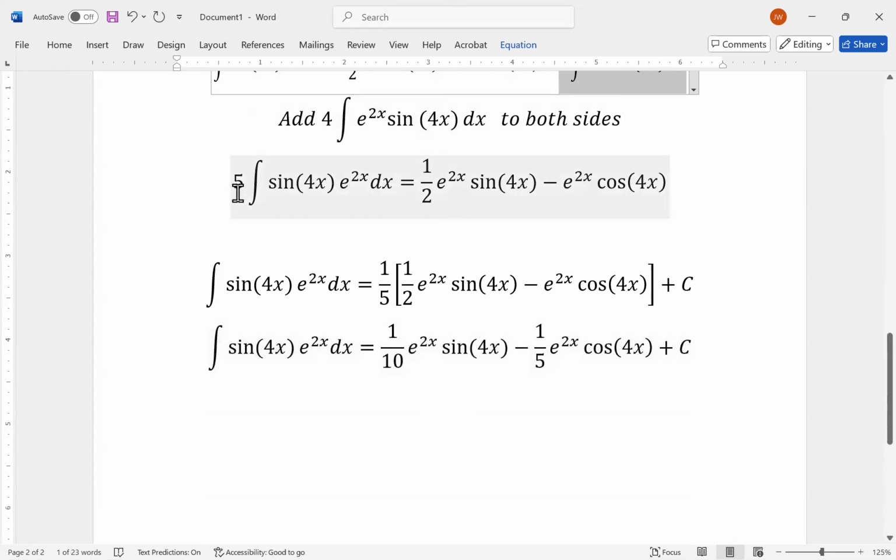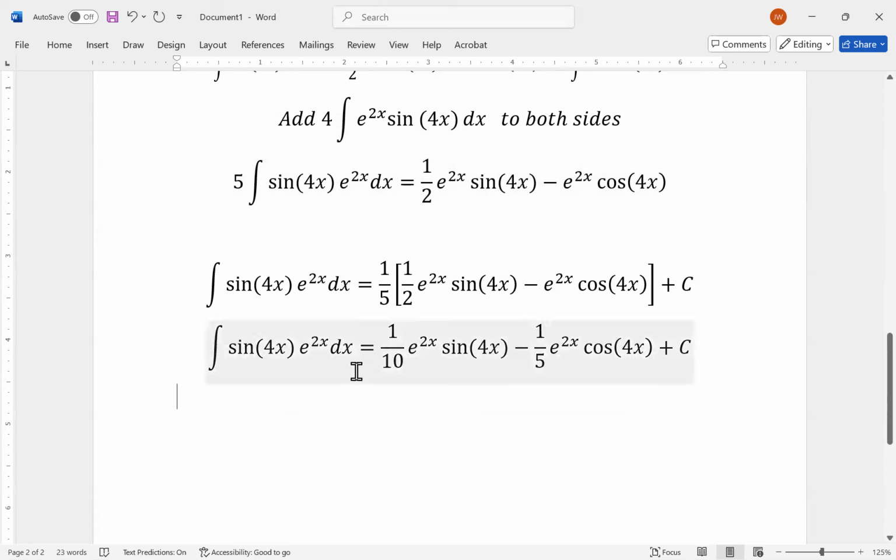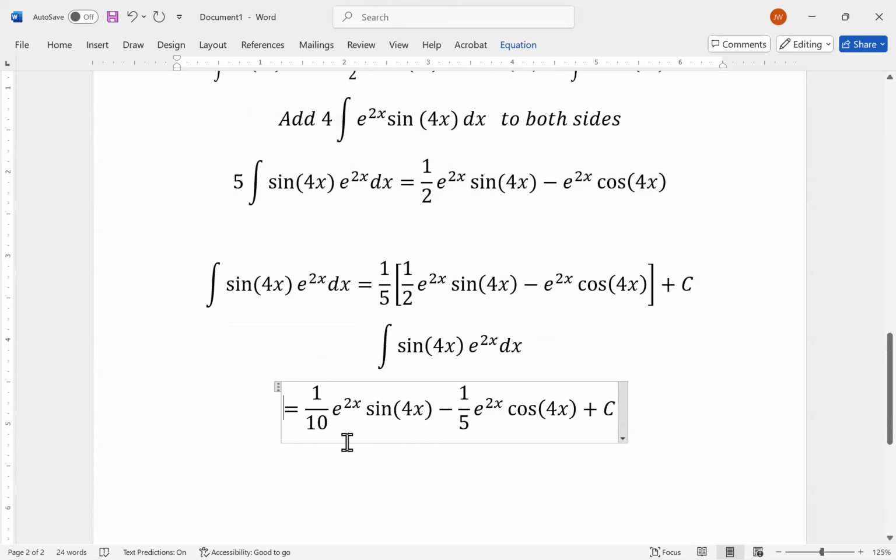A simple multiplication by the reciprocal gives me my final answer. So my final answer here is that this integration, the one I was originally looking for, is equal to this. So it's kind of a clever trick.